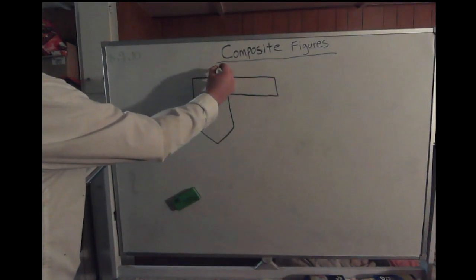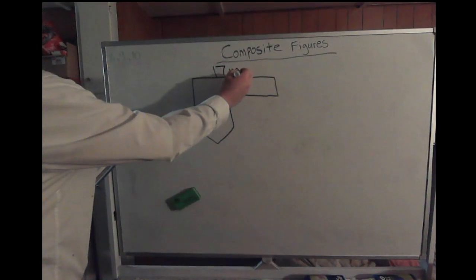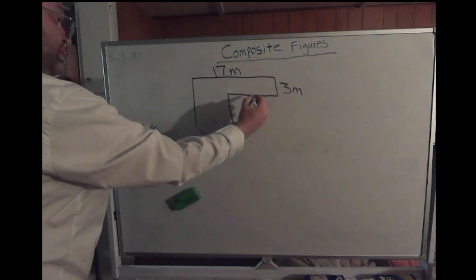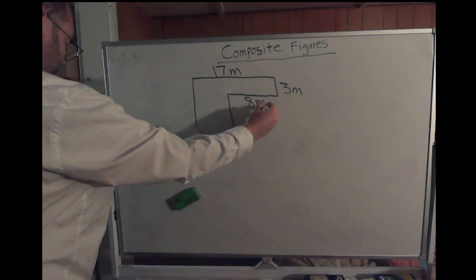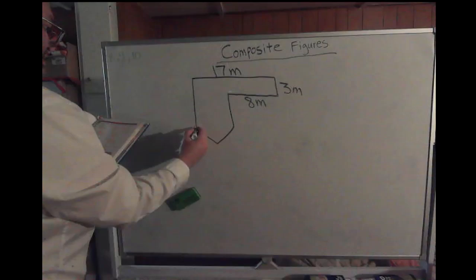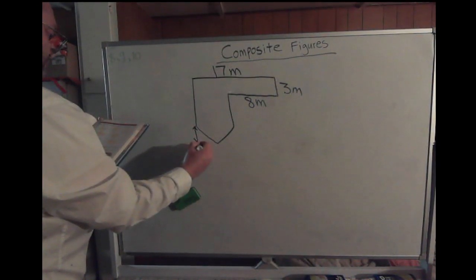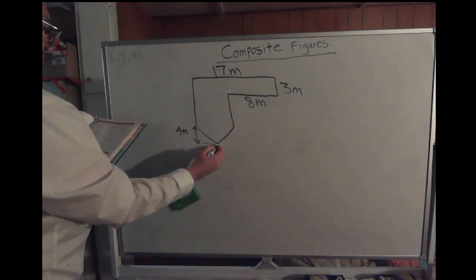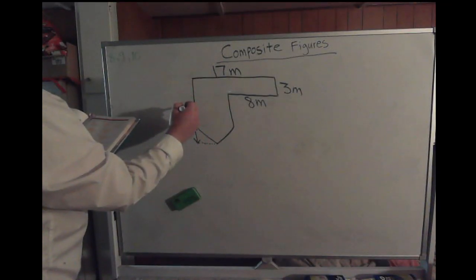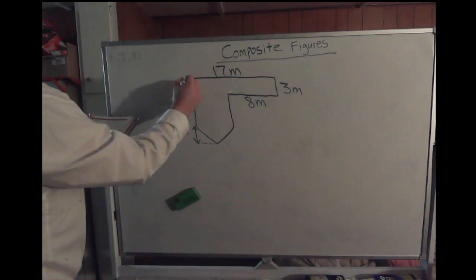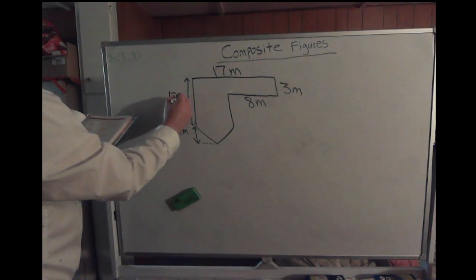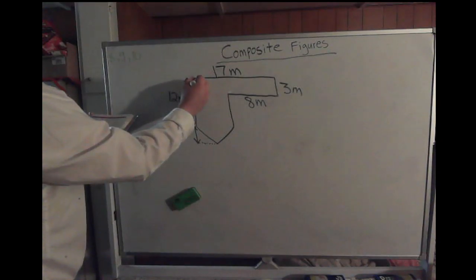The length of the top part, let's see, 17 meters. Got this width being 3 meters. This length here is 8 meters. This length is 4 meters. This length is 12 meters. Okay. Right angle.